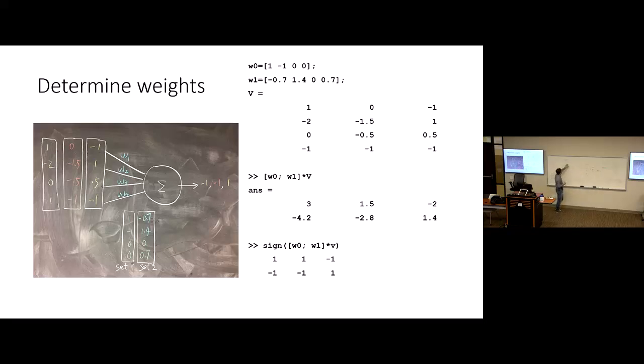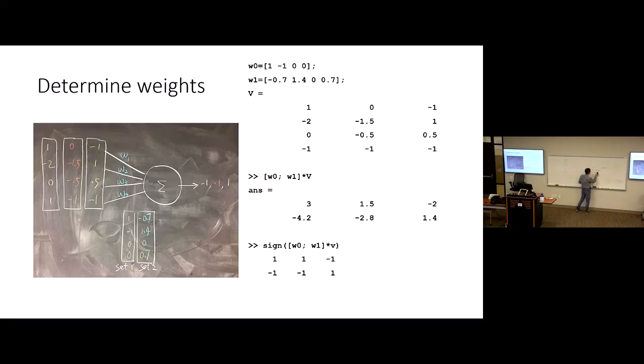So I multiply: 1, 2, 0, 0. Summed together, the result is 3. So for the first one, I have a 3, and the sign will be +1. It looks like this is not a really good perceptron for my input data because it gave me the wrong answer.